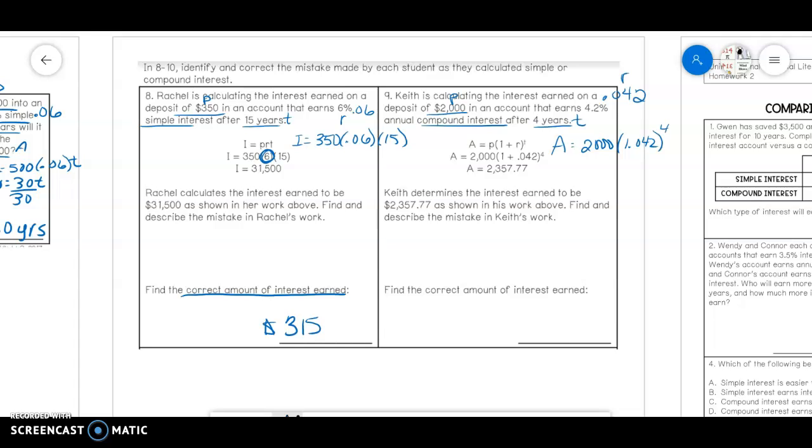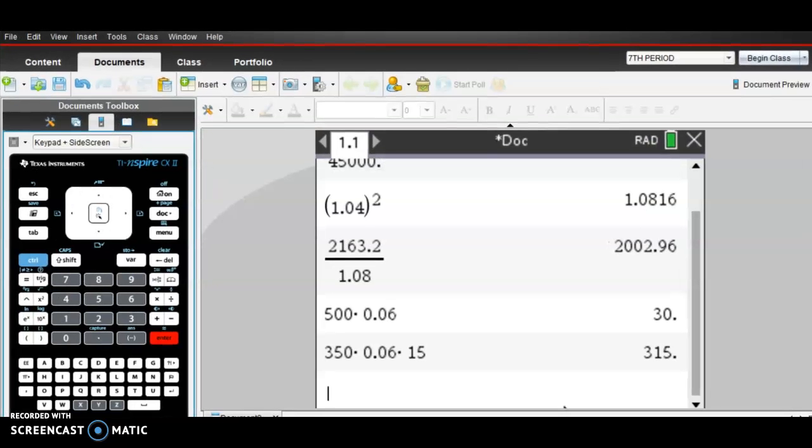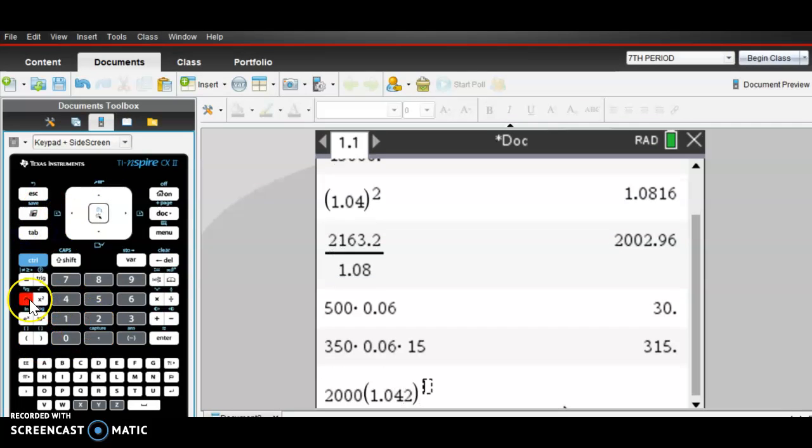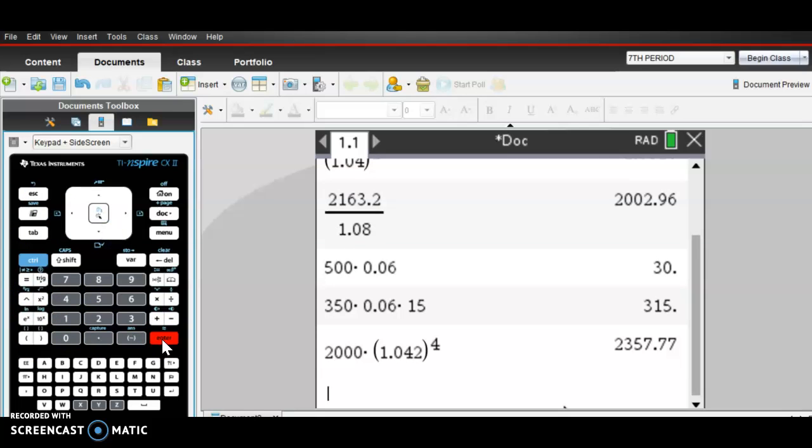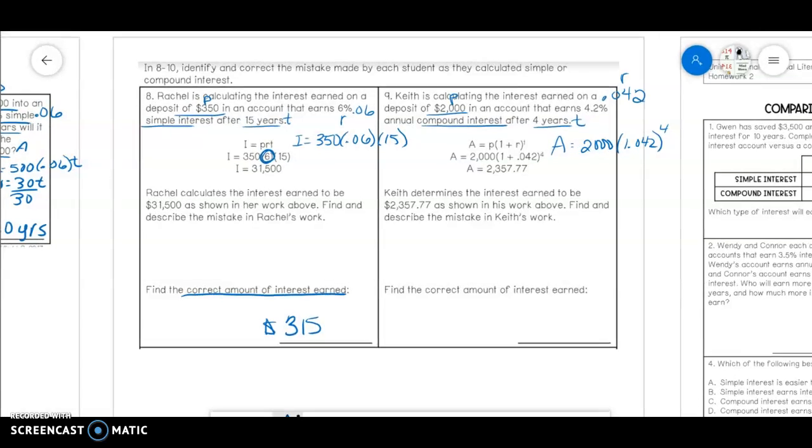So we can see they have actually set this up correctly, 2,000. We went ahead and added it together. So we can go ahead and multiply that. 2,000 times 1.042, close parentheses, to the 4th power, 2357.77.